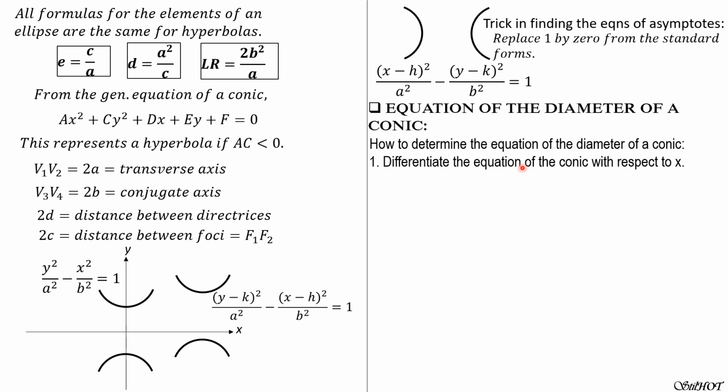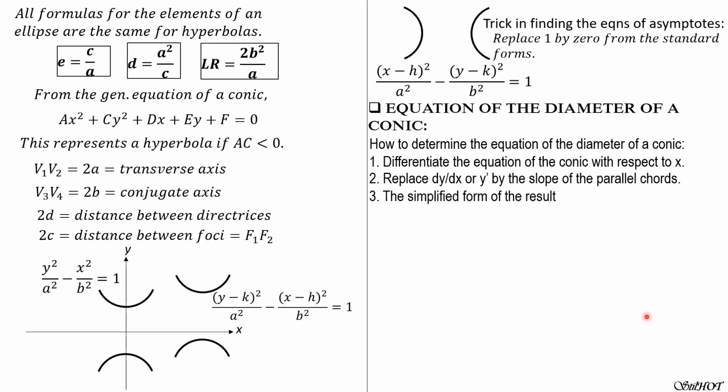Then we replace dy/dx, the slope or y prime, by the slope of the parallel chords. So I'll define parallel chords in the figure here. Then the simplified form of the resulting equation is the desired equation of the diameter.